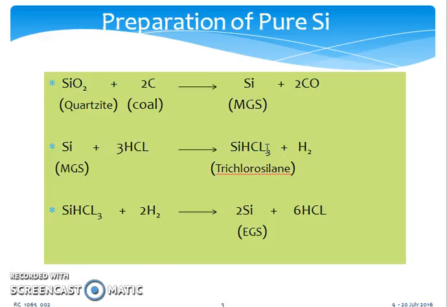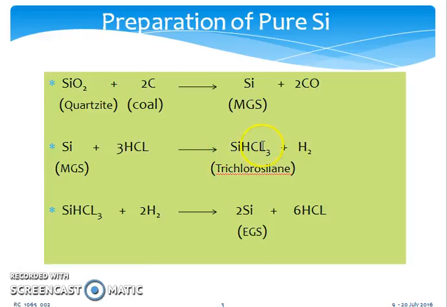The compounds of silicon formed are silane, dichlorosilane, trichlorosilane, and silicon tetrachloride, out of which trichlorosilane is in a liquid form at room temperature. So this trichlorosilane is separated out from the other silicon compounds by using the fractional distillation method.